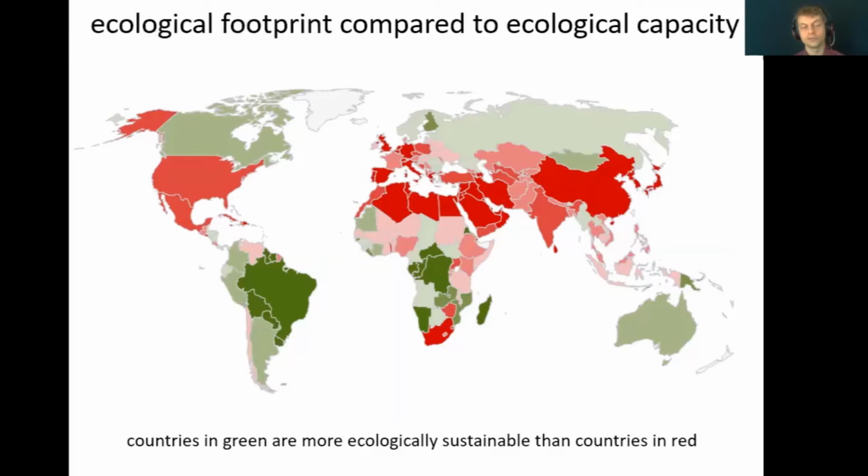Now, there are a lot of really interesting visualizations that have been done with calculations of the ecological footprint and its comparison to the ecological capacity within countries and around the world. I won't show all these visualizations, but there are many to choose from, including especially when we have a measurement of the ecological footprint per person and we compare that to different people across the planet.